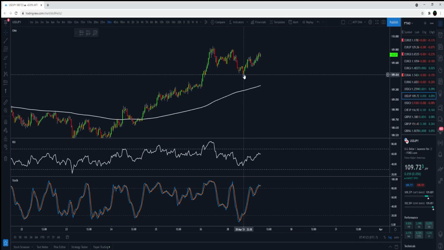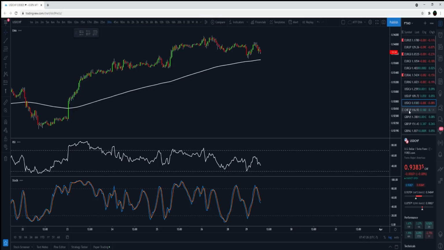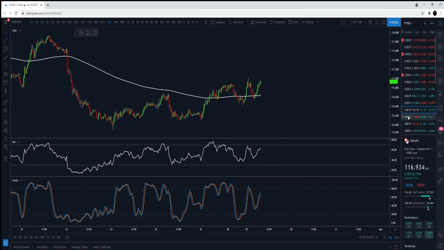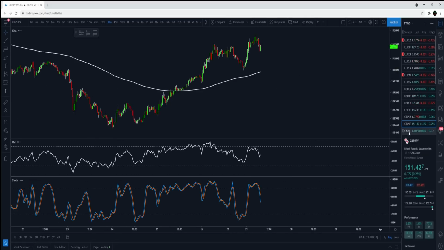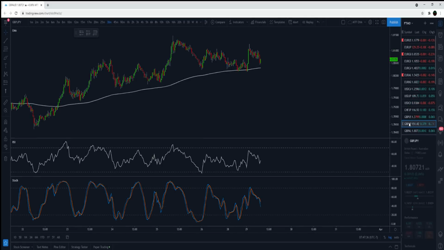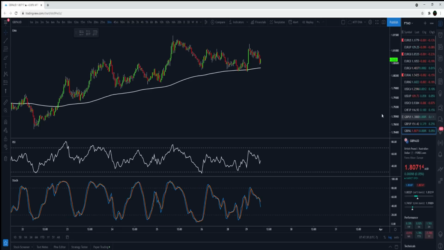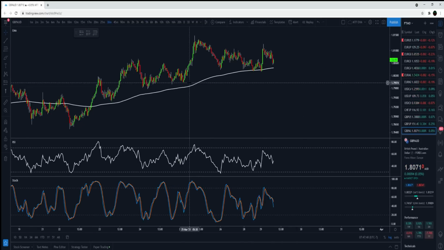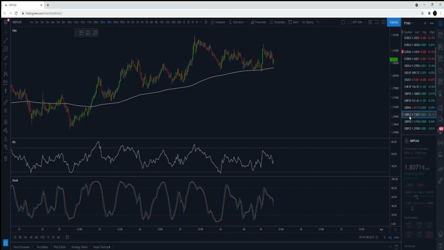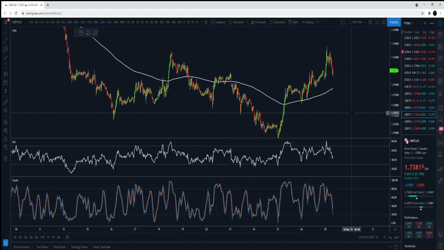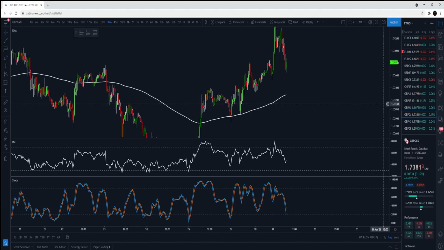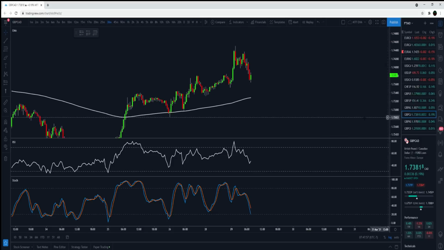Do get hidden divergence right here on that pullback, but of course it's long gone. Pullback, no hidden divergence. Right. Nothing. And don't really have a setup. Looks like this one is getting a setup.